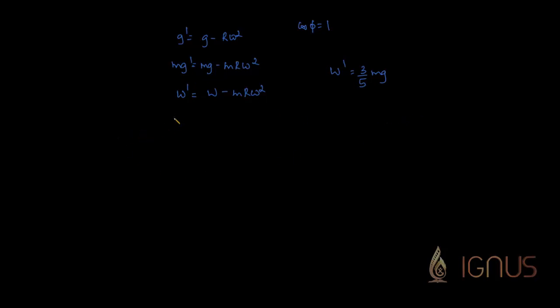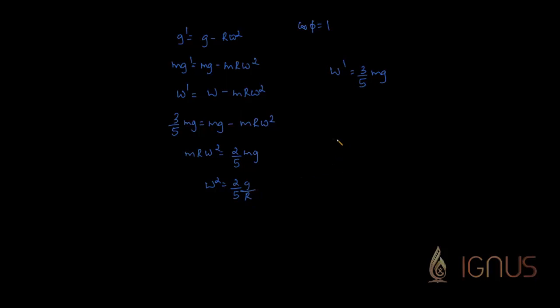So if I substitute in the equation, 3/5 mg equals mg minus mr omega square, or mr omega square equals mg minus 3 by 5 mg, which is equal to 2 by 5 mg. So if I cancel out m, I'll get omega square equals 2 by 5 g divided by r.